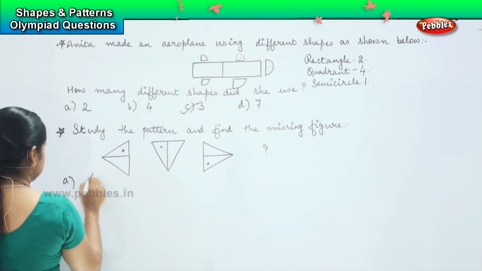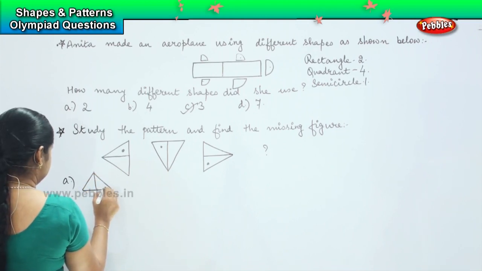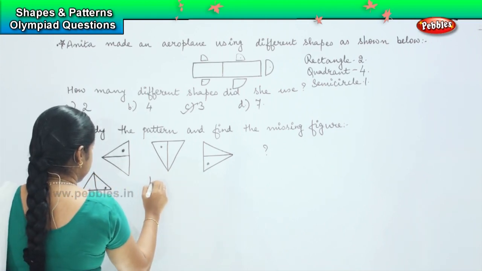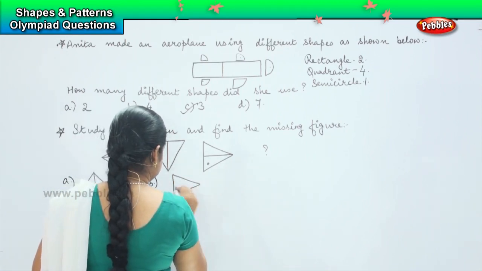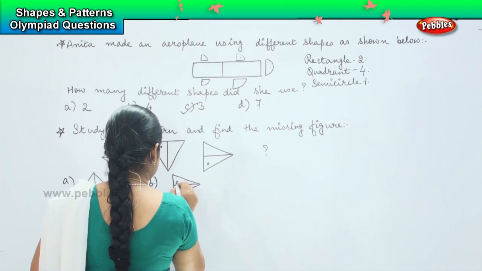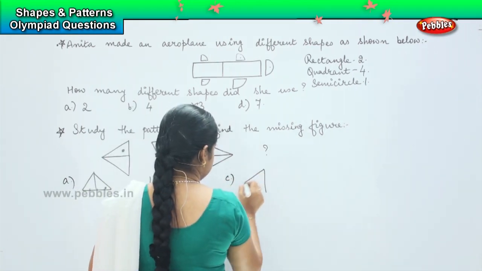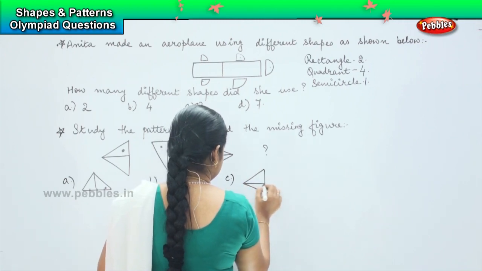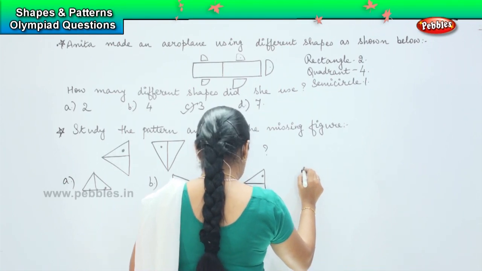Okay, so option A, option B, option C, and option D.